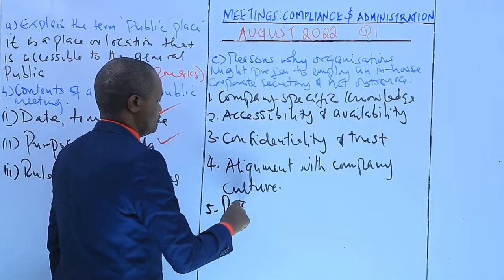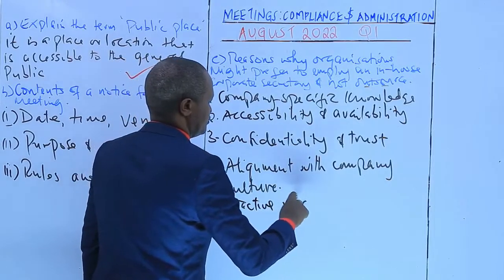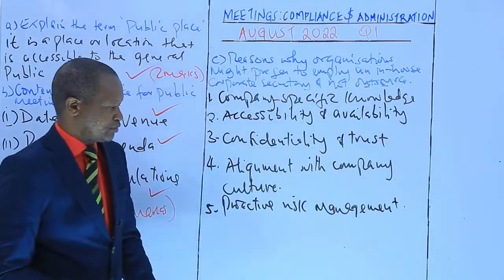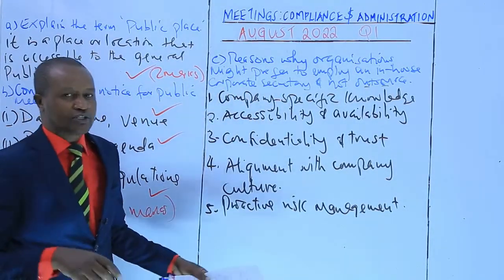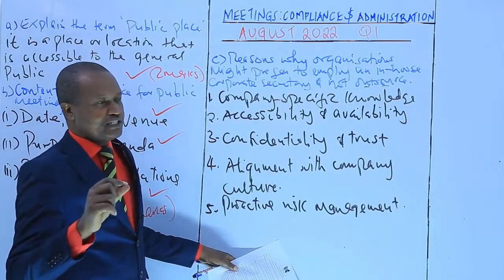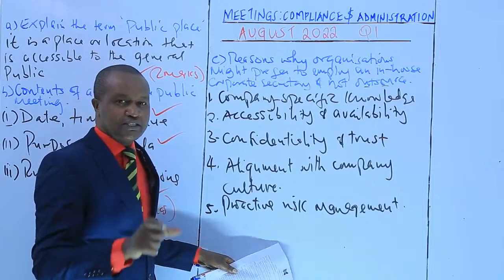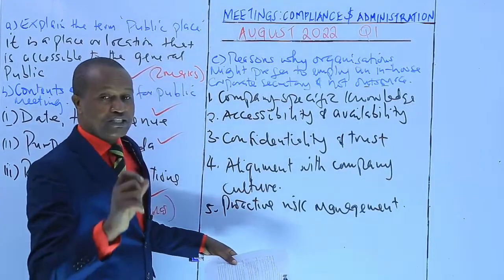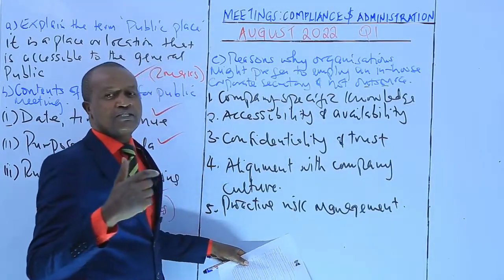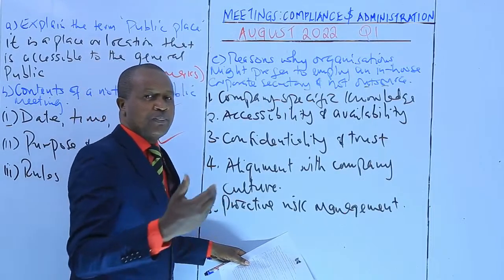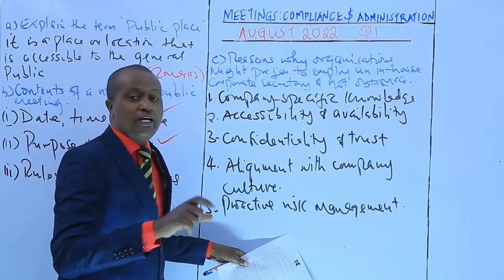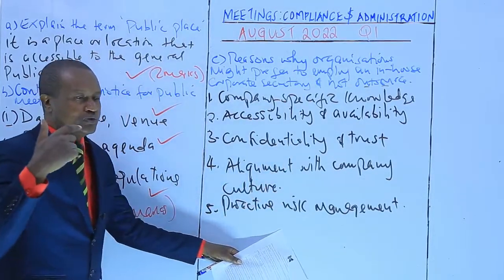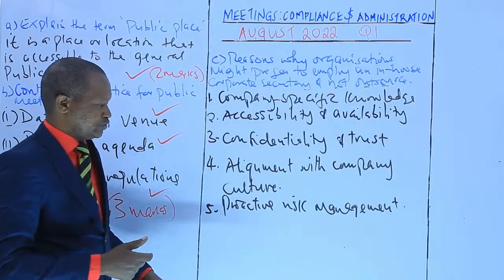Five, proactive risk management. An in-house corporate secretary can actively identify and mitigate governance and compliance risks within the organization because they can monitor regulatory changes, they can implement best practices, they can ensure proper documentation and also reporting, thereby reducing the organization's exposure to potential legal or reputational issues.